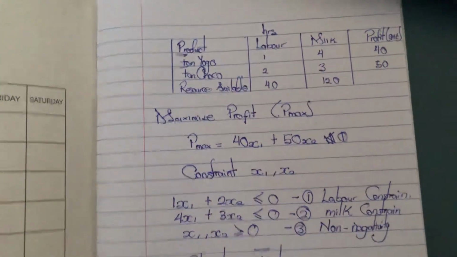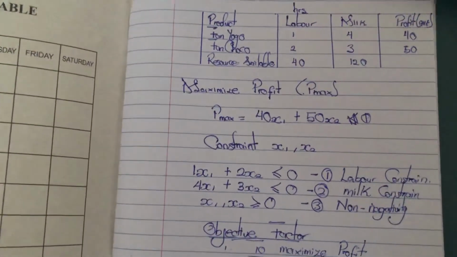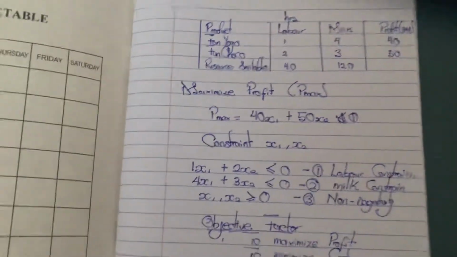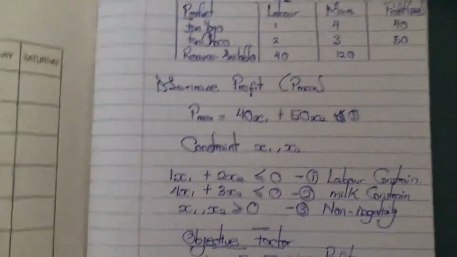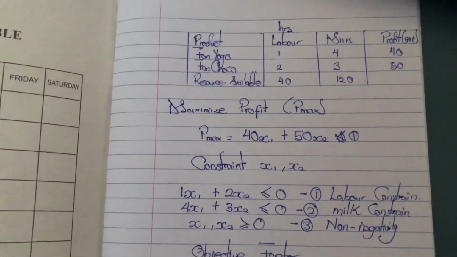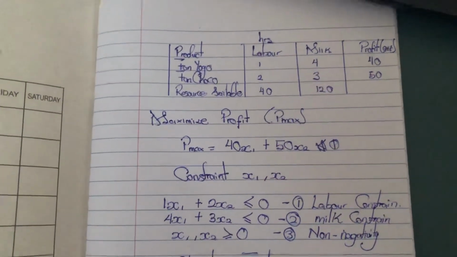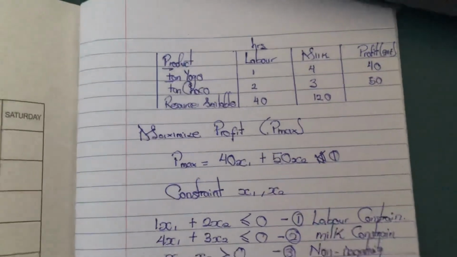The constraints in x1 and then x2, that is what we are going to use. So the labor constraint, which from the table is represented over here, must be less than or equal to 40. And then the milk constraint, which must be less than or equal to 120. And we have the non-negativity constraint.